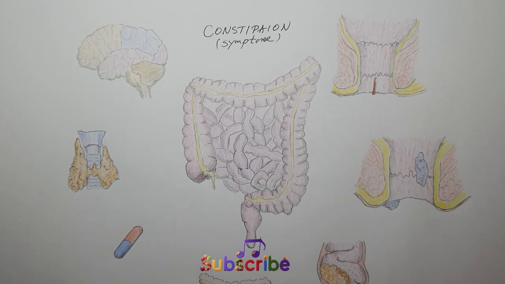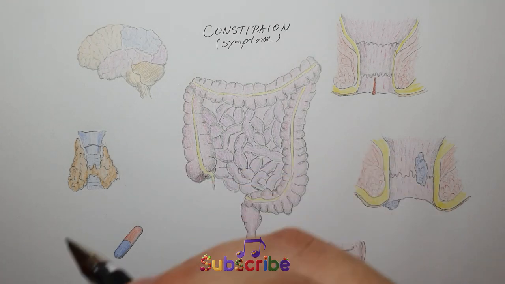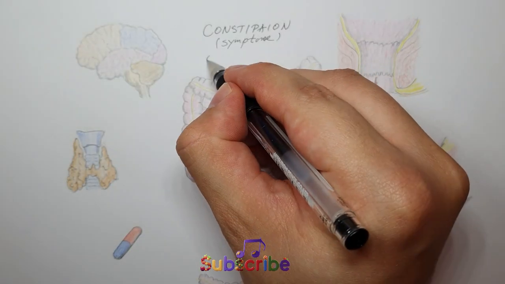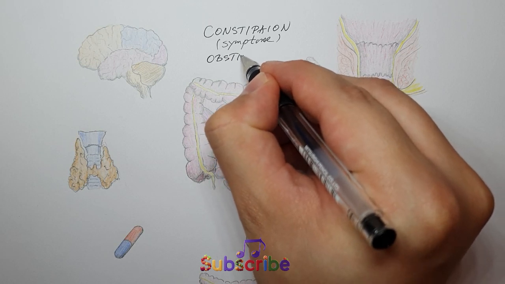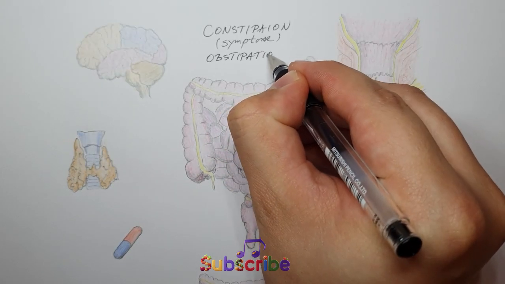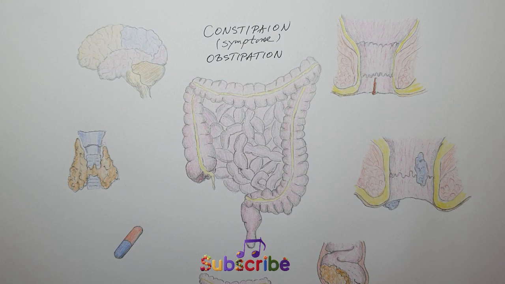There is also another term that we need to discuss, and that is obstipation. These terms are similar, but they are actually very different. In constipation, people have difficulty passing the stool, maybe less frequent, maybe difficult to expel, hard stools, incomplete evacuation, and so on.